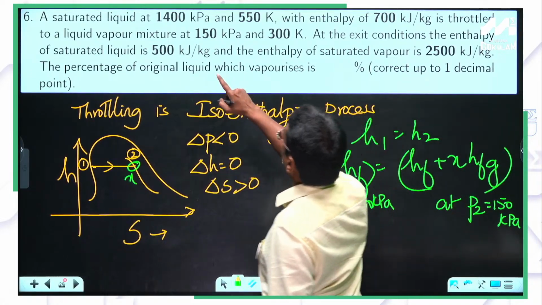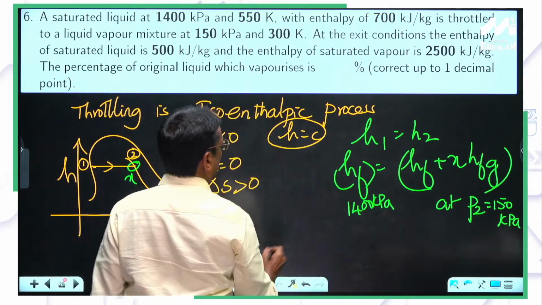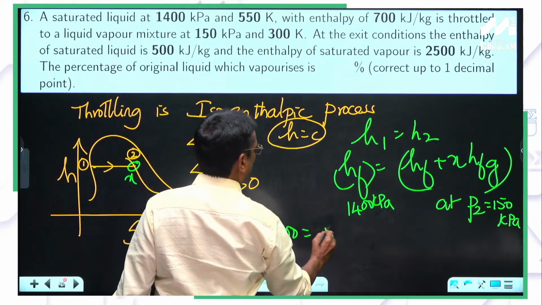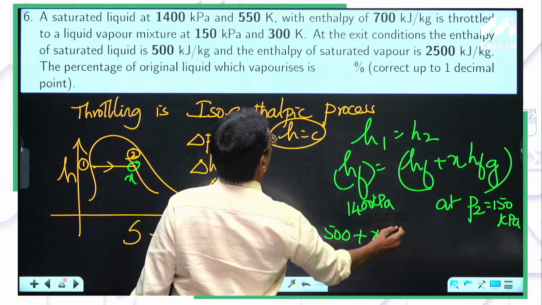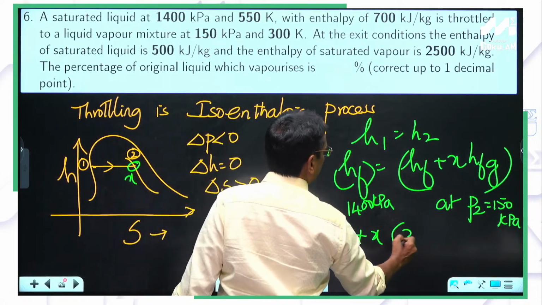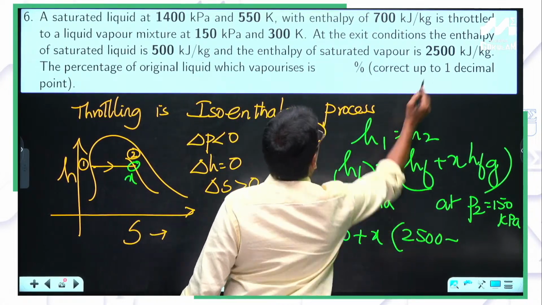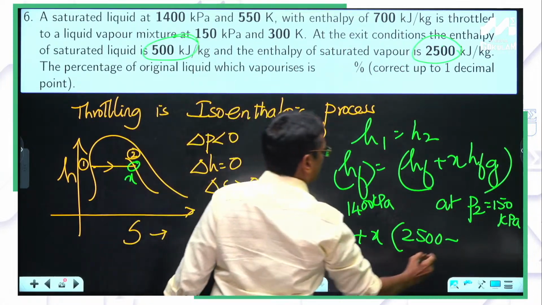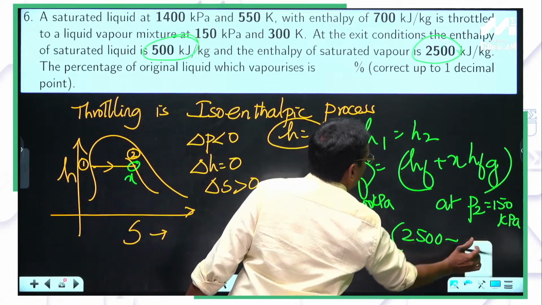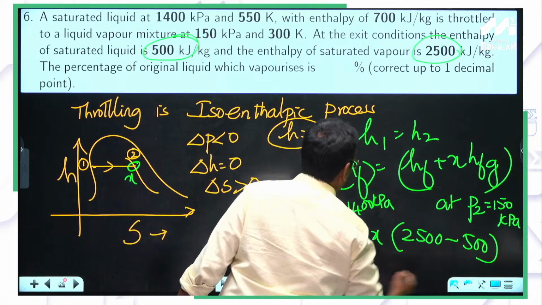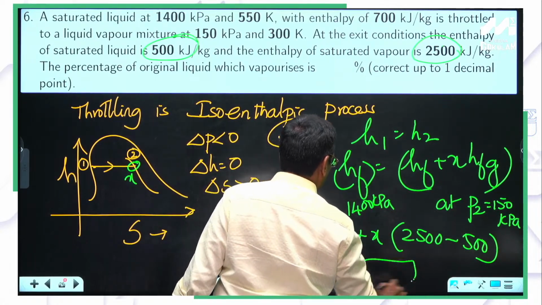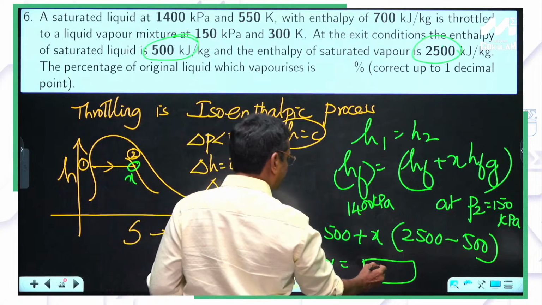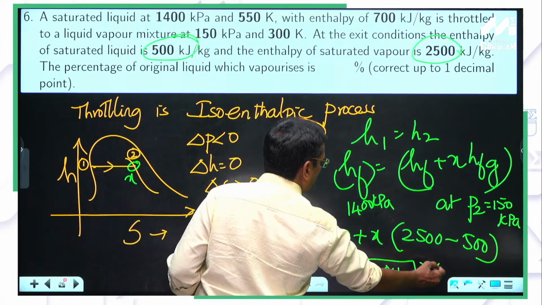So the liquid enthalpy of 700 is equal to HF, which is 500, plus X into HFG. HFG is Hg minus HF, 2500 minus 500. You will get X. The dryness fraction, we got it as 0.1, 10%.